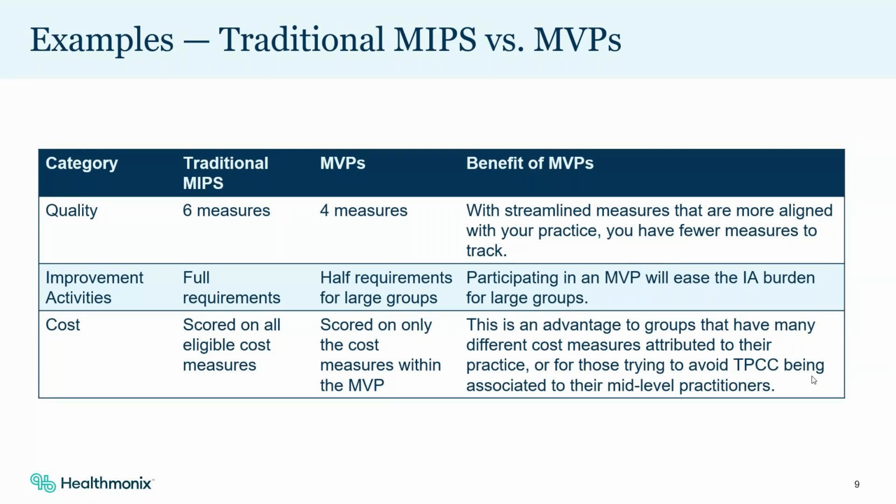Improvement activities. What is nice about it is that it actually is going to cut the amount of improvement activities that you need to do if you are a large practice.